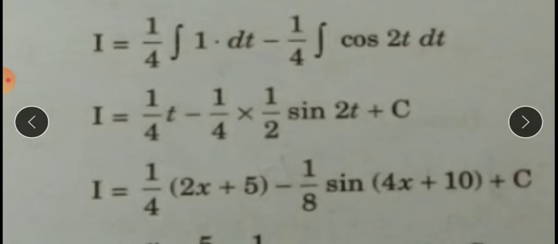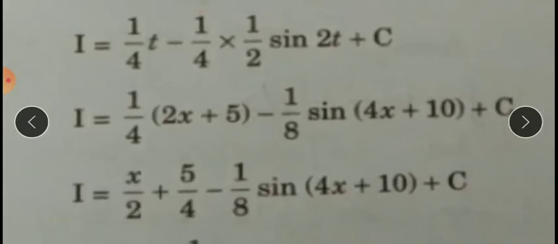Again consider 2t as another variable. Using substitution method, its integration becomes 1 upon 2 sin 2t plus c, where c is the integration constant.